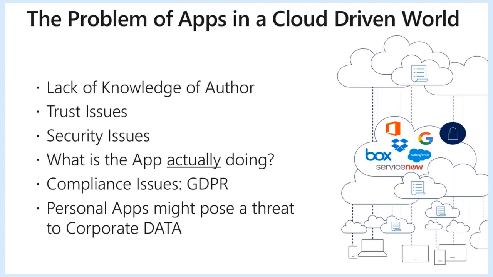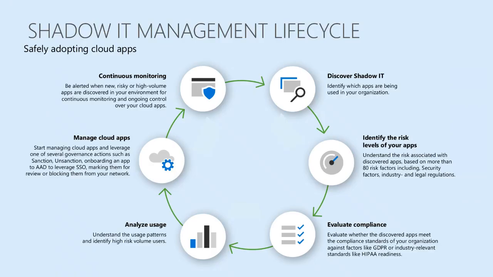So that is one reason we first need to understand what is going on in my environment before we jump into any solutions. This is what we call the shadow IT management lifecycle. Once you identify it, only then will we be able to find out what to do next. In this lifecycle picture, take the second step, identify the risk level of your apps.